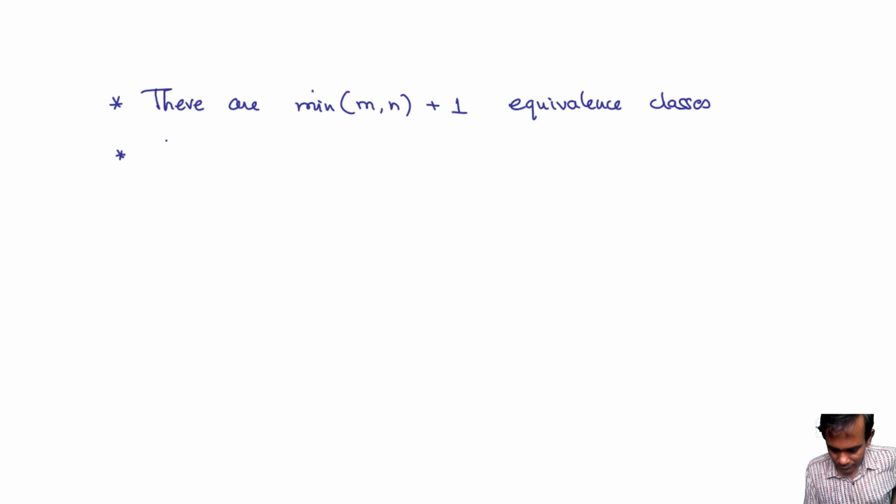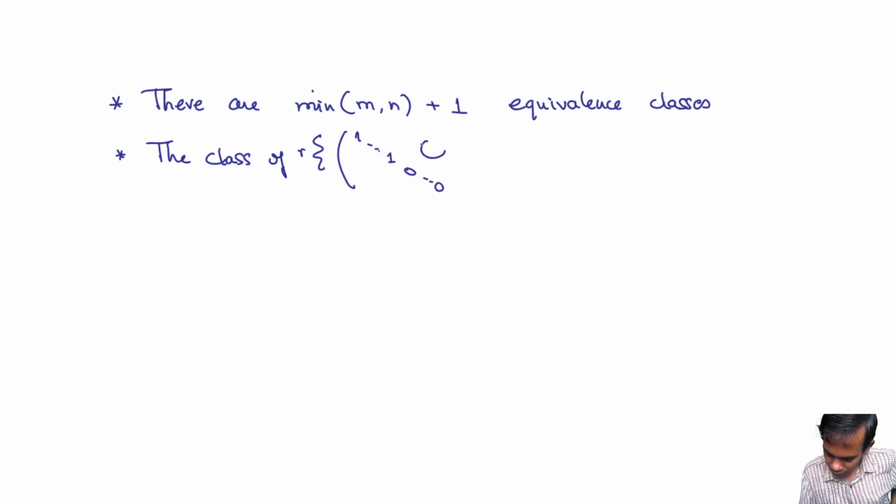And the class of the matrix with 1 1 1, where you have r ones and then 0, consists of all rank r matrices.